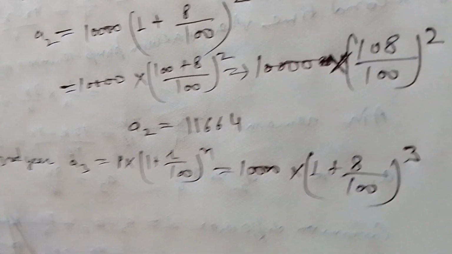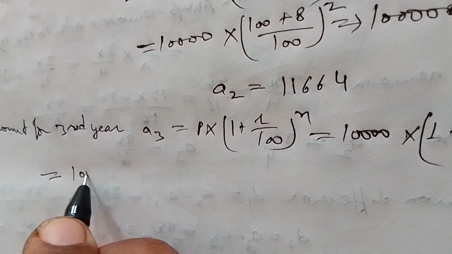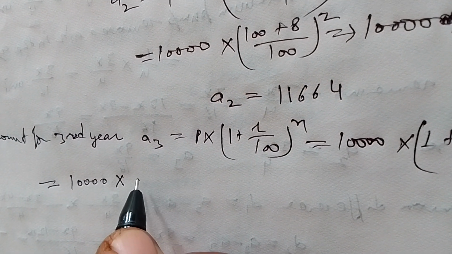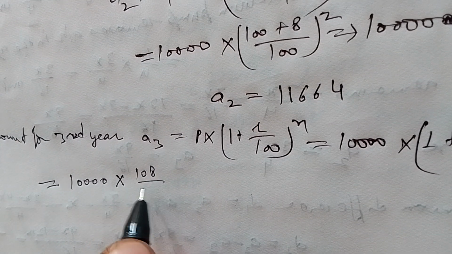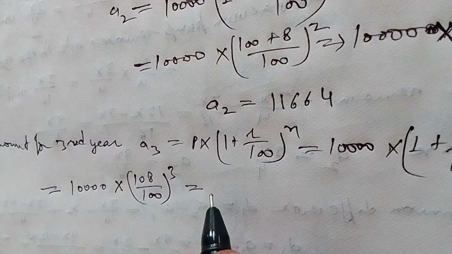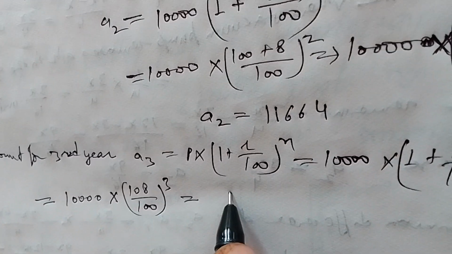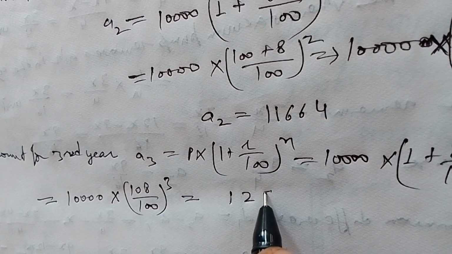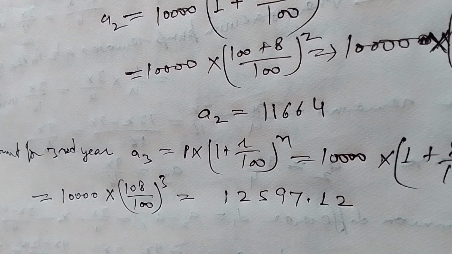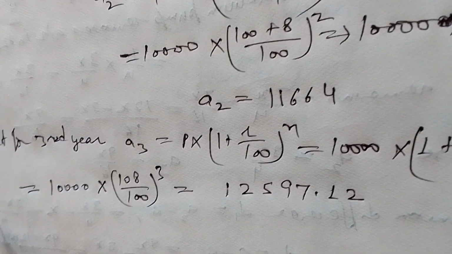So it comes out to be 10,000 multiplied by 108 divided by 100 to the power 3. On calculating, it comes out to be 12,597.12 rupees. So now we will calculate the common difference.